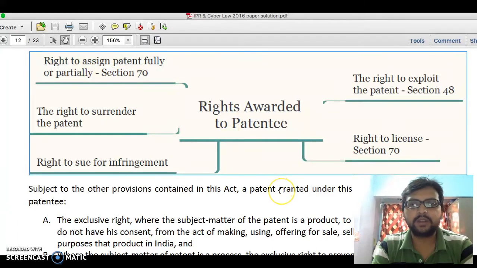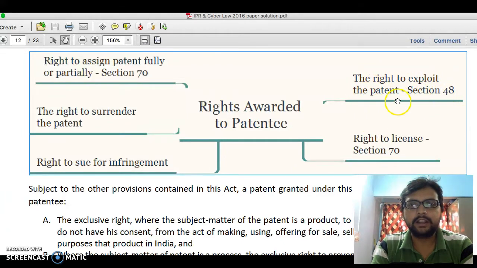I hope at least one number you can remember now. Now the second number which we need to remember is section 48. Try to remember this if you can, otherwise just write down what section 48 stands for. So let's start the discussion from here.